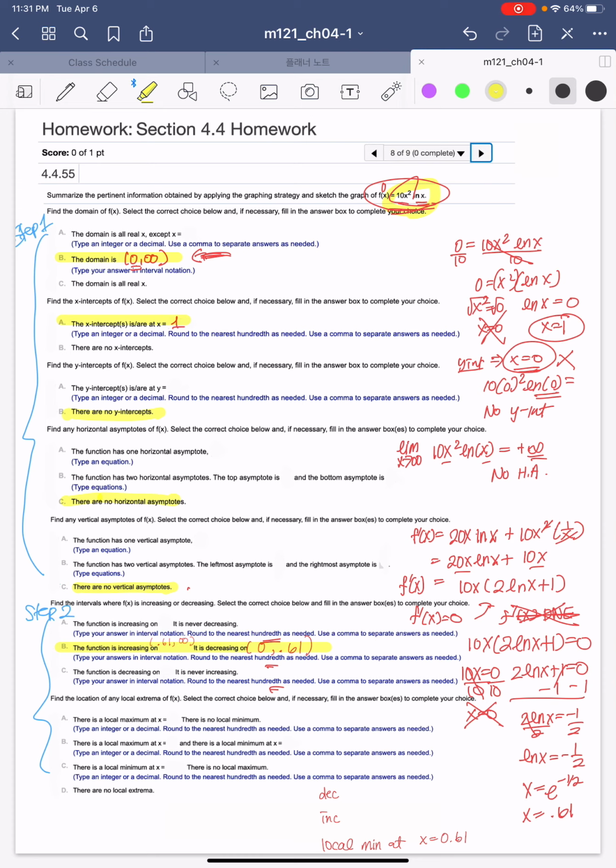And we do have a local minimum, and no local max at x equals 0.61. Okay, so we are done with step 2. Let's go to step 3.